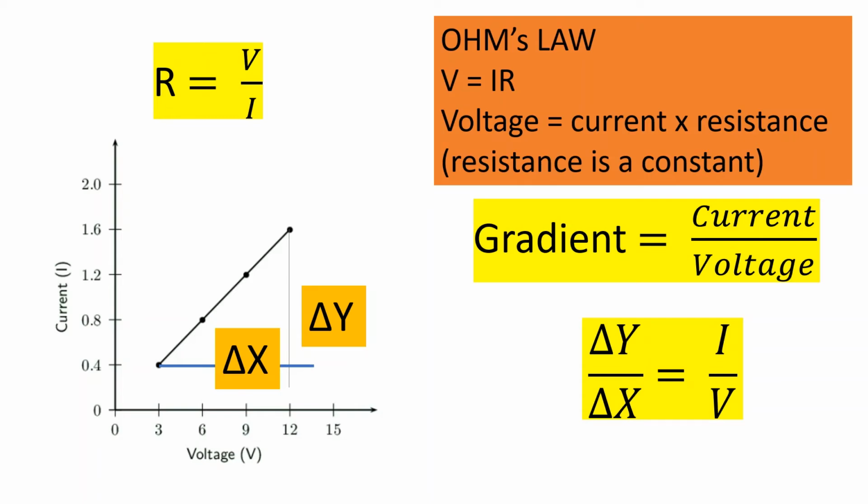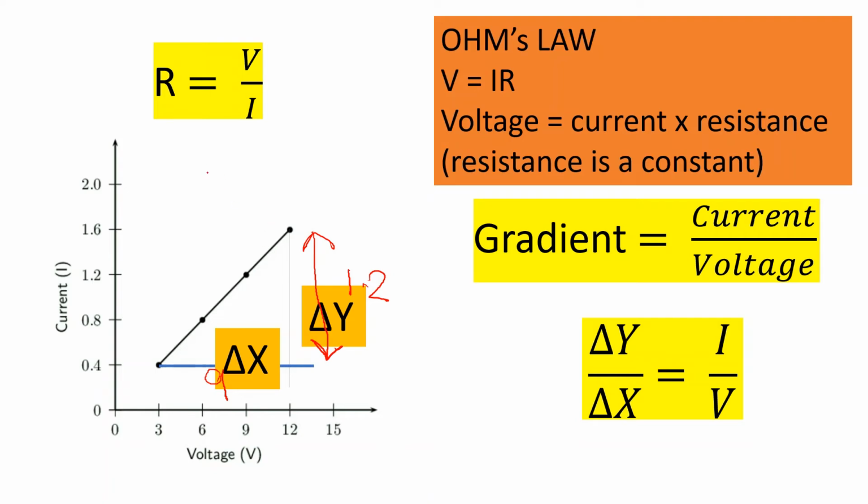So let's work out the gradient. In this case, the gradient would be 1.6 minus 0.4, which is 1.2, and the dx is 9.